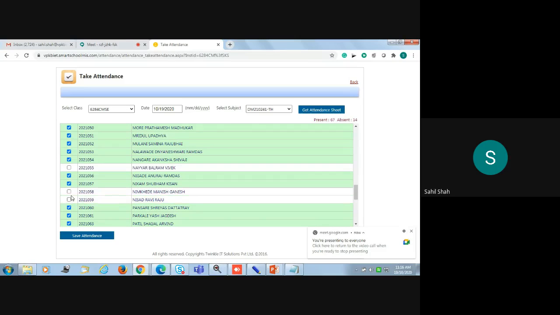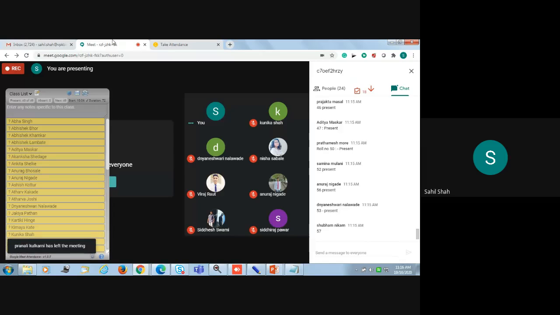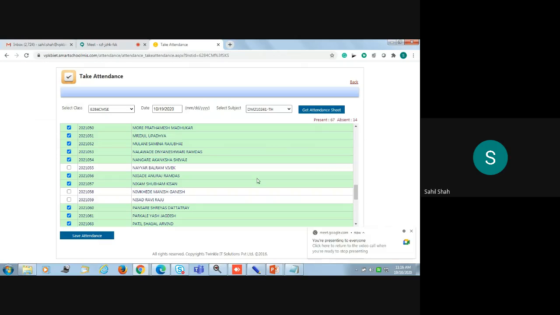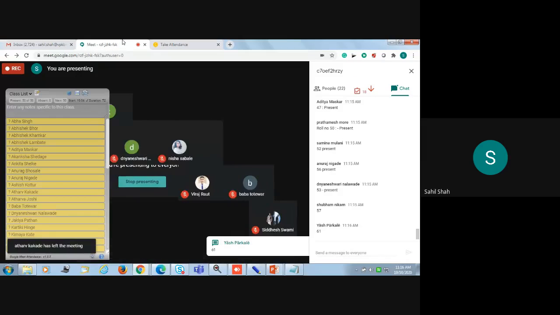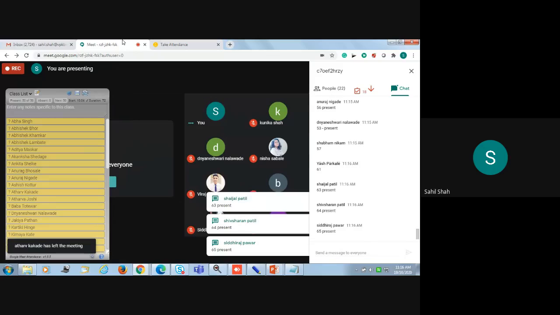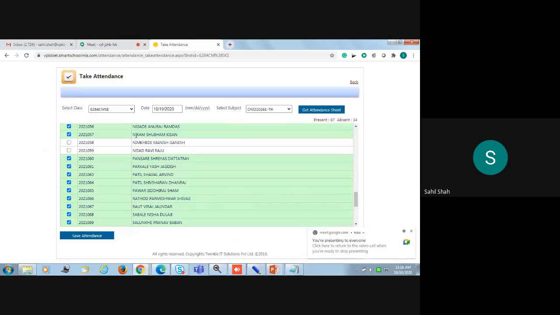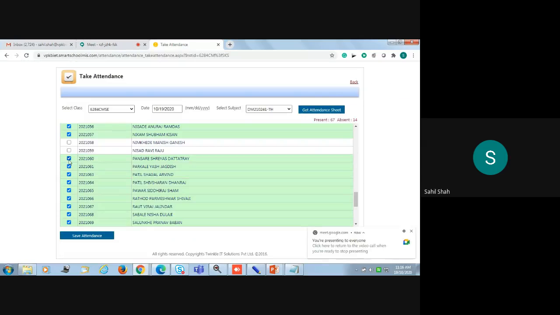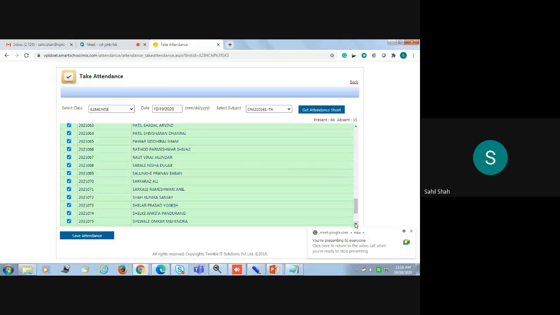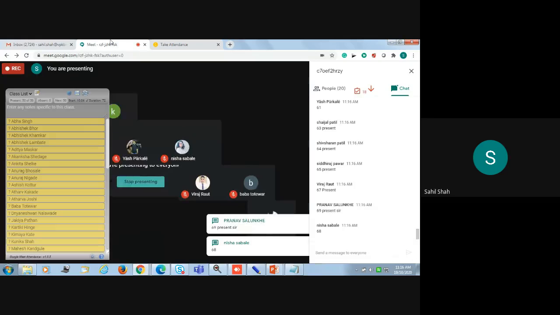Nisad Ravi absent. Okay. Pansare Shreyas, Parkale Yash, 60, 61, 63, 64. 61, 63, 64, 65 present. Fine. Okay. And 60? Do we have 60? No. Okay, fine. 68, 69, 70.